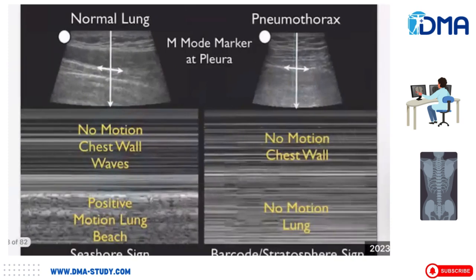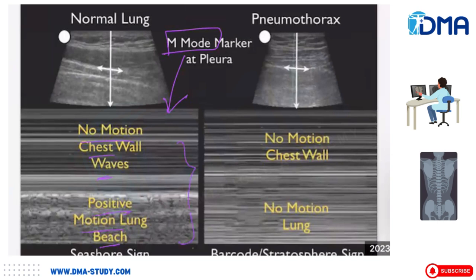If I do an ultrasound on the same person, in M mode, you focus on the lung sliding. There will be no motion of the chest wall waves and positive lung motion will be seen. This will be the seashore sign.